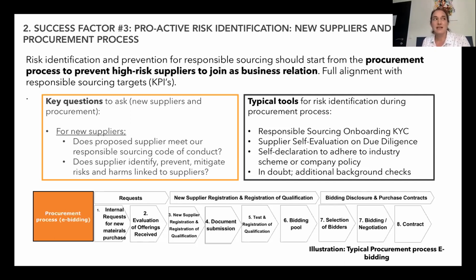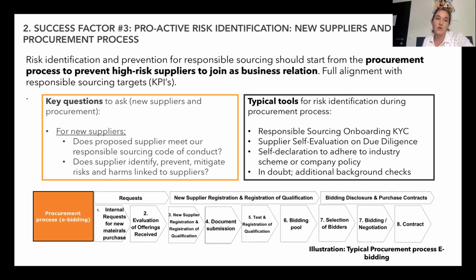Obviously, in some sectors, and I think this is quite interesting now in Brussels, for example, there's a lot of discussion about strategic autonomy, and there's pressure on access to raw materials. So as a company, you have different goals to weigh, and you may also want to accept suppliers that are perhaps not top of the top in their own due diligence and responsible sourcing practices, but are still acceptable and are perhaps able to improve with your guidance.